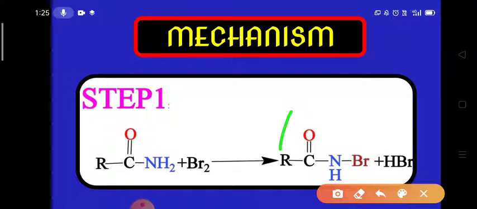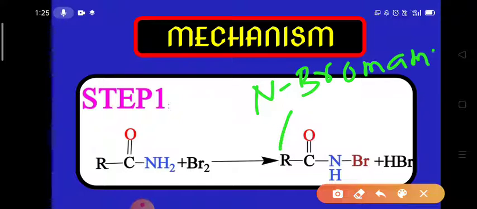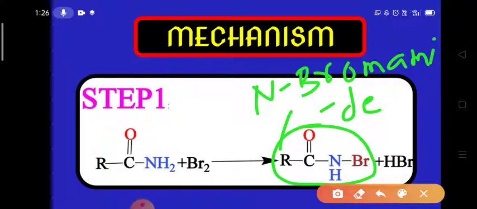Here, as bromine is substituted on the nitrogen of the amide, we can call it N-bromoamide, or we can call it the bromamide. As bromamide is formed in this reaction, we call this reaction the Hoffman bromamide reaction. Due to the formation of this product only, we call this reaction the bromamide reaction. This is the first step.